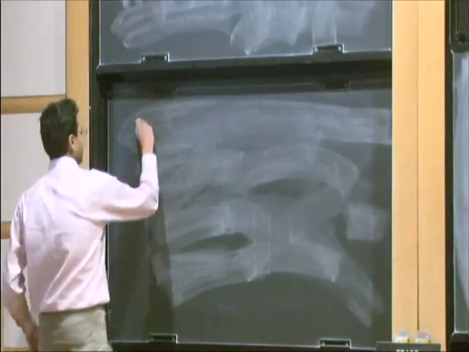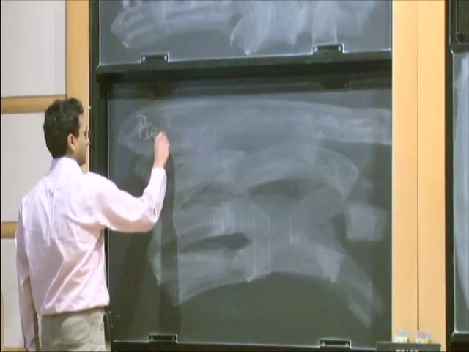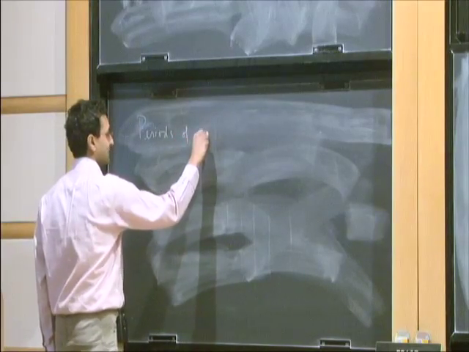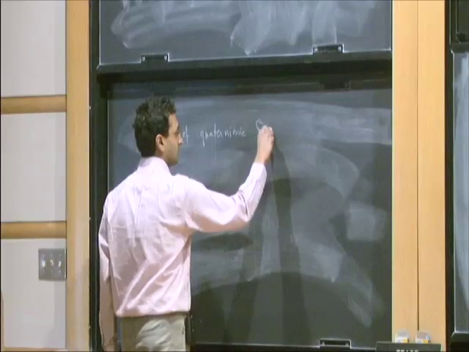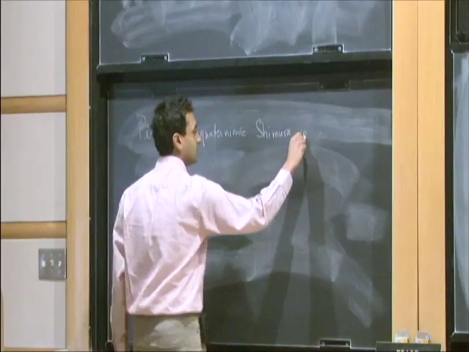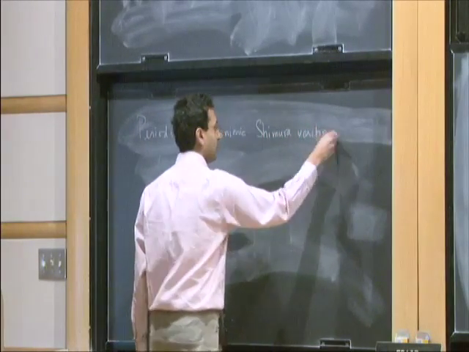Yeah, so today I'm going to talk about periods of quaternionic Shimura varieties. So the basic setup is the following.